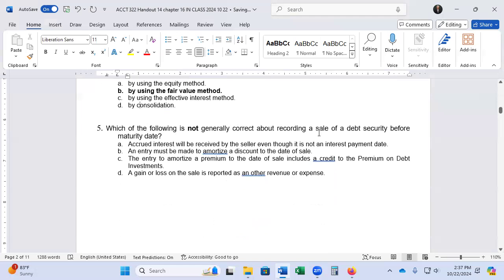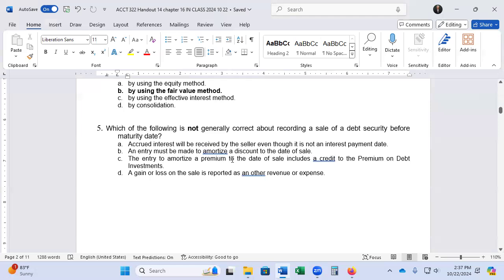Which of the following is not generally correct about recording a sale of a debt security before maturity date? Accrued interest will be received by the seller even though it's not an interest payment date. So that is true. You're going to receive that. An entry must be made to amortize a discount to the date of sale. That's also true.